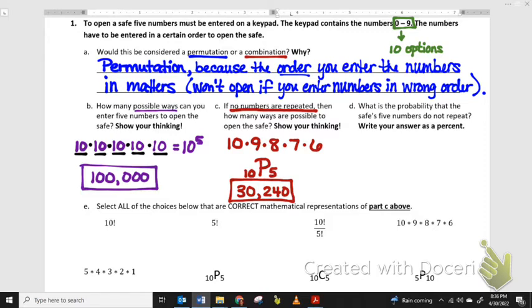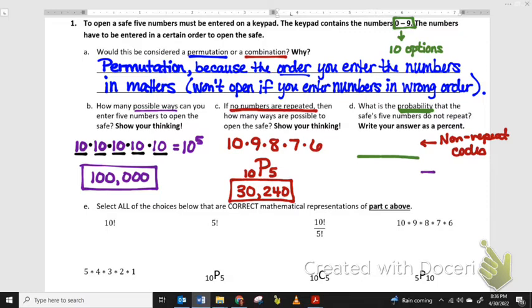Part D here, what is the probability? When we see probability, I know I need to write what kind of number? Fraction. What is the probability that the safe's 5 numbers do not repeat? So the thing I'm interested in happening goes up in my numerator. Non-repeat codes go up here.